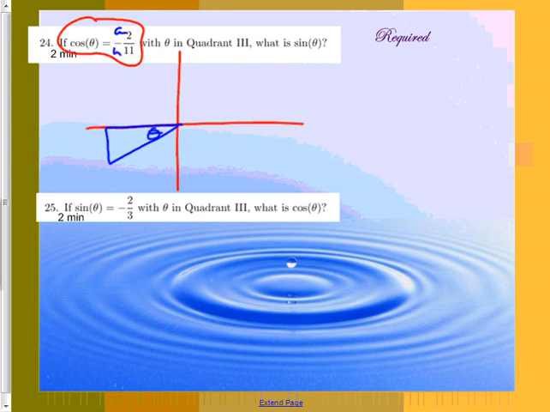The hypotenuse is 11, and by the way, by definition, as in we just tell you this has to be true, the radius, which in this case is like the hypotenuse, can never be a negative number. All right? Then this is negative 2. Negative 2 over 11.